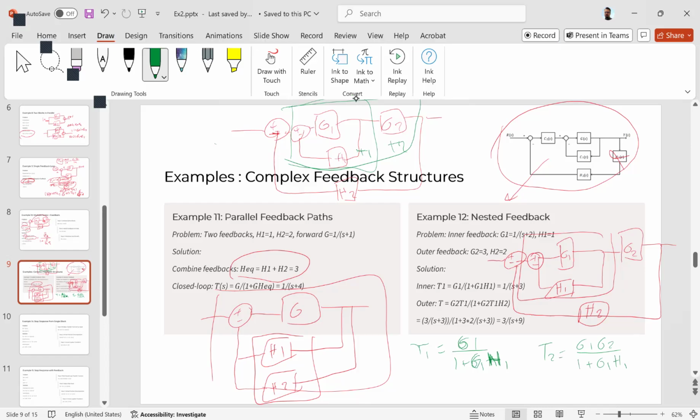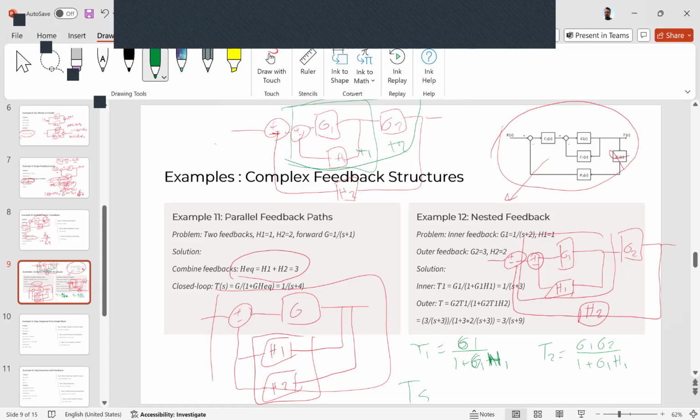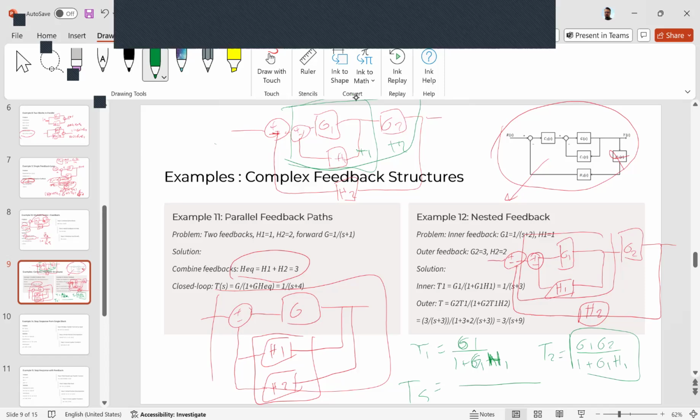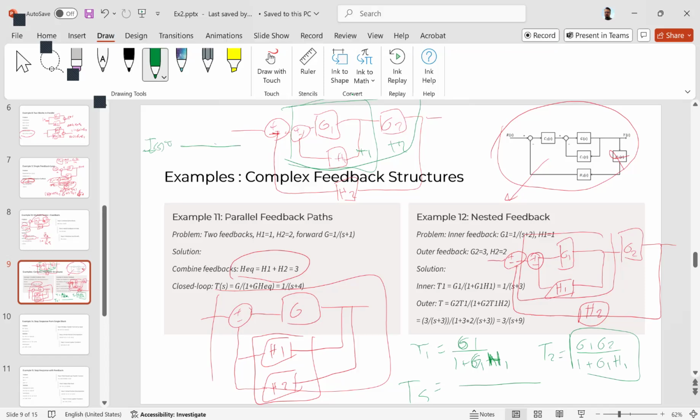Now, the whole feedback, which is our general T, would be the forward path, which is this one. Okay? It's a little bit complicated, but we are going to try to write it down somewhere. The denominator is what?